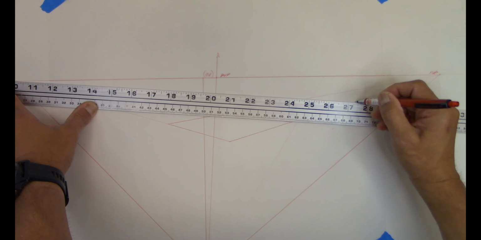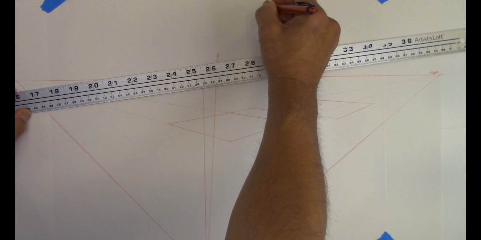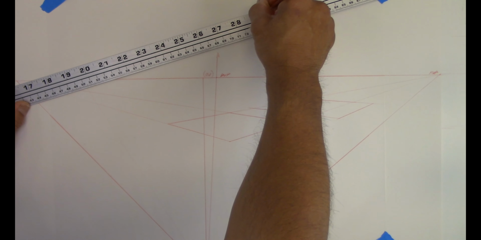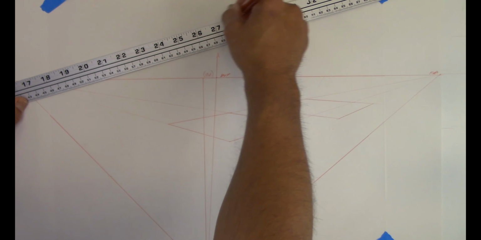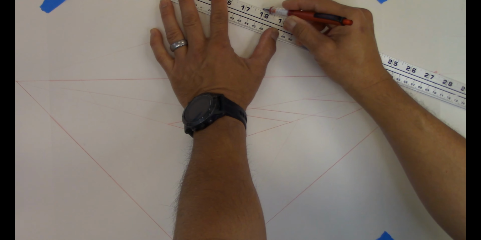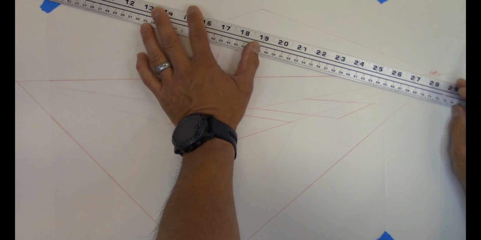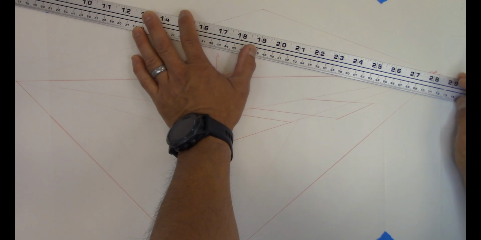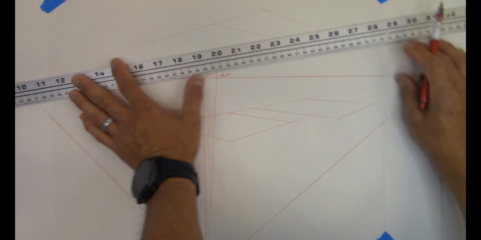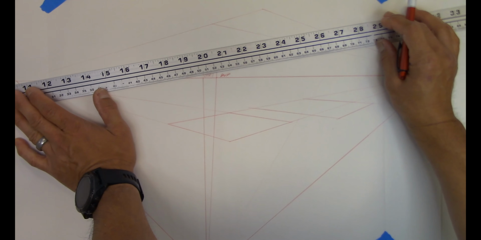So again, they can be any size. Remember, you pick a point, draw a line, converge to both vanishing points. Similar to what you did in your beginning drawing class.